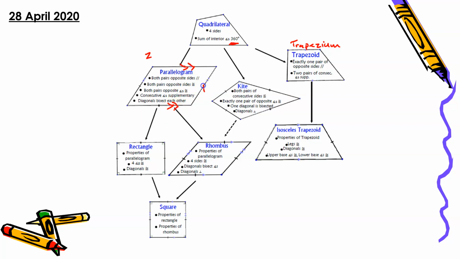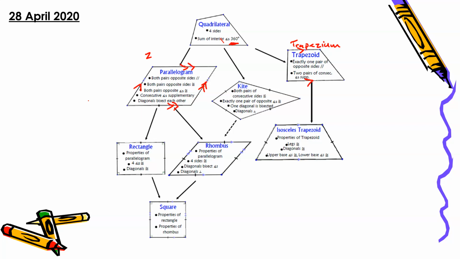So in a parallelogram, there's two pairs of parallel sides. In a trapezium, there's one. But the kite is the third option where there are no parallel sides. So that's the three main branches.